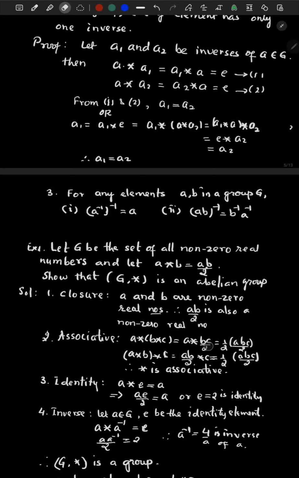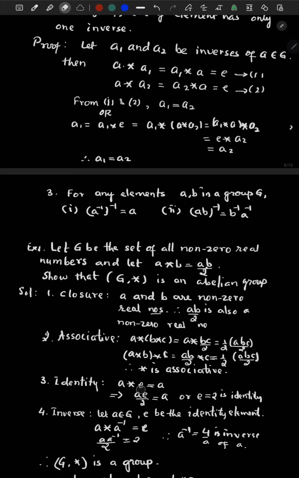So 1 by 2 A into BC by 2. Then A star B, first we evaluate, that will be AB by 2 by definition, star C. So this is one element, multiply this by C and divide by 2. You will get 1 by 2 into ABC by 2. Both are the same. So the associative property is true for star.